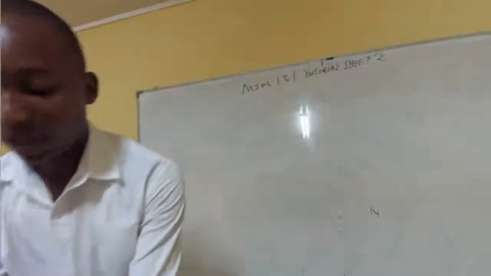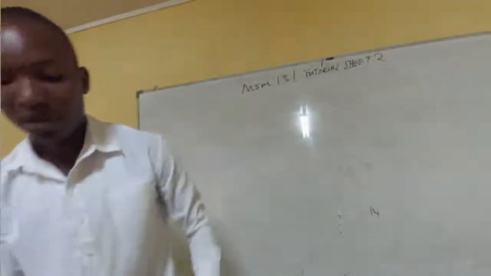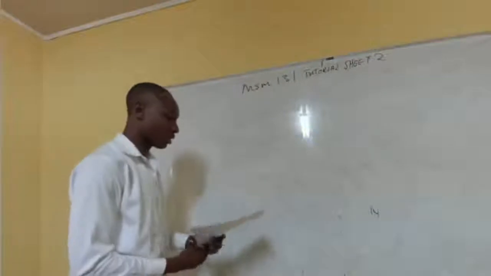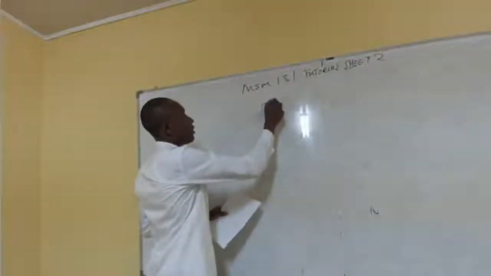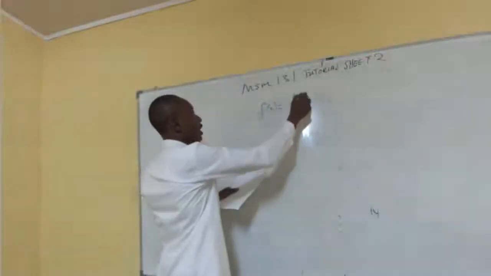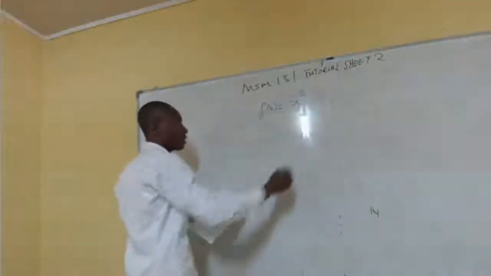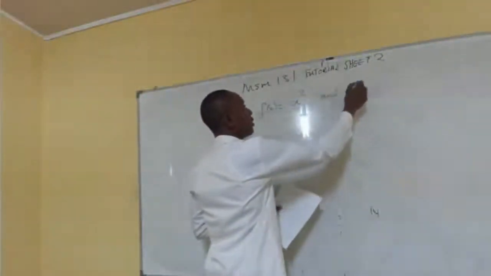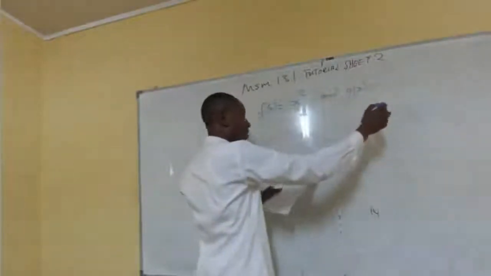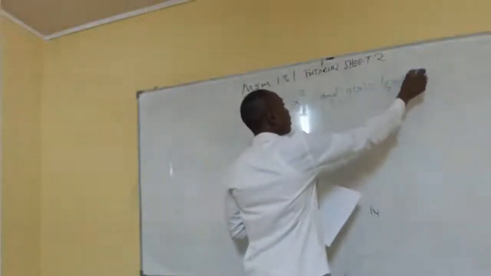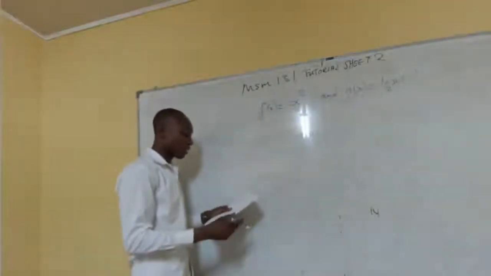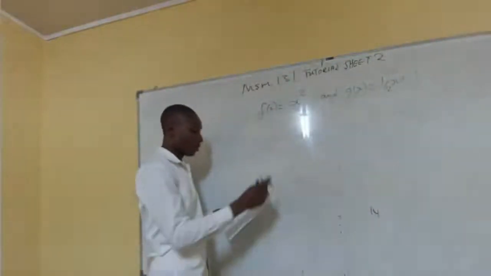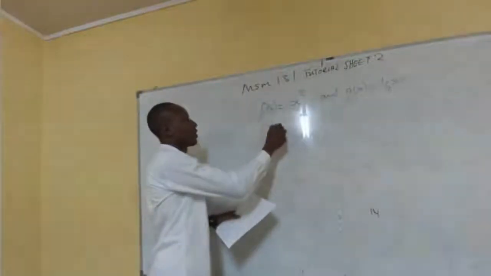Alright, so let's quickly do a set of questions. I've been given f of x equals x squared, and g of x equals 1 over 2x plus 1. The question now is to find the inverse of each. So what is f inverse of x?